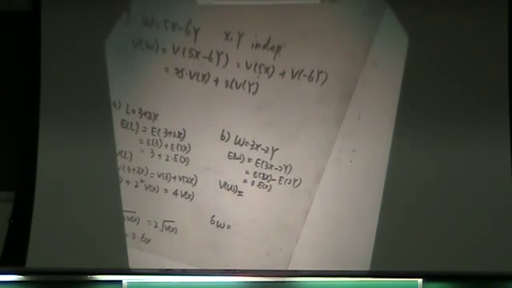Yeah, we have numbers corresponding to this example here. For part A, 3 plus 2X, find the mean, the variance and the standard deviation of it.